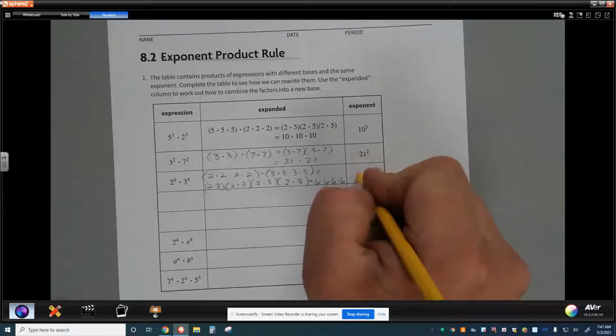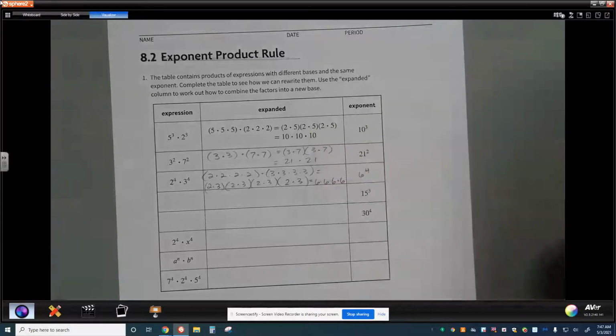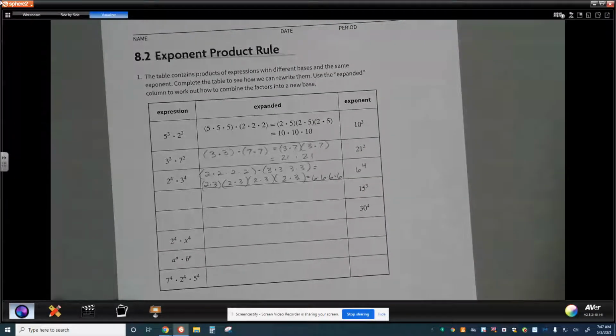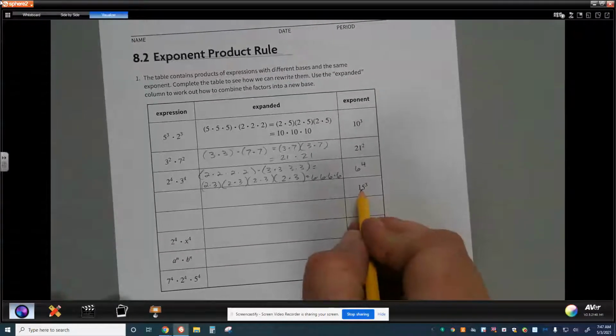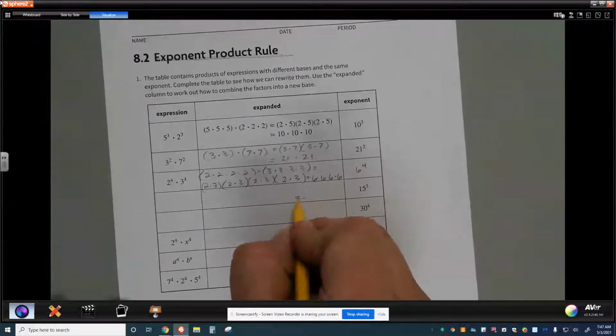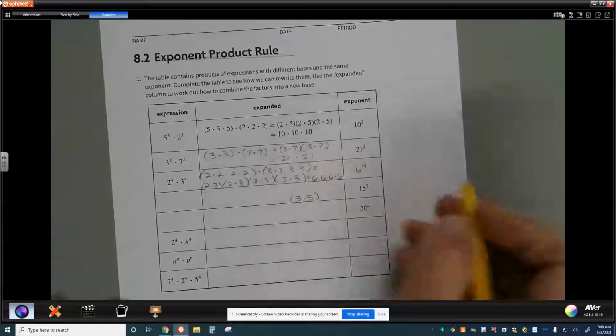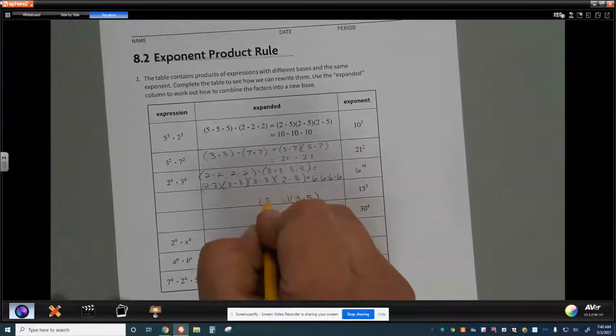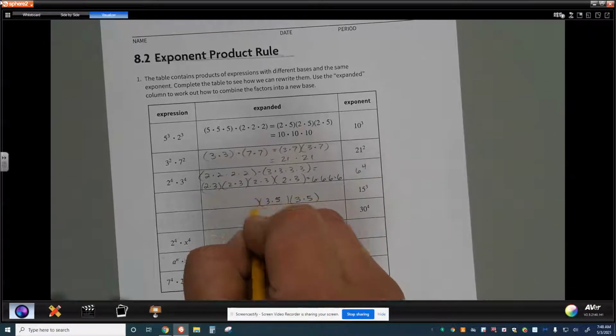So we get 6 to the fourth power. Now, how could we get 15 to the third power? The simplest way to think about this is to factor out 15. And we can be thinking, well, that's going to be 3 times 5 is 15. And I need to have that product 3 times.